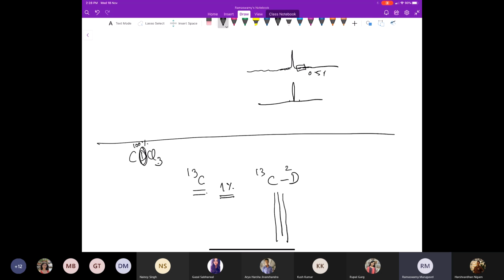But now, if you want to complicate your life, you can also look at the chlorine coupling, because chlorine has several isotopes, and these isotopes have I greater than half.